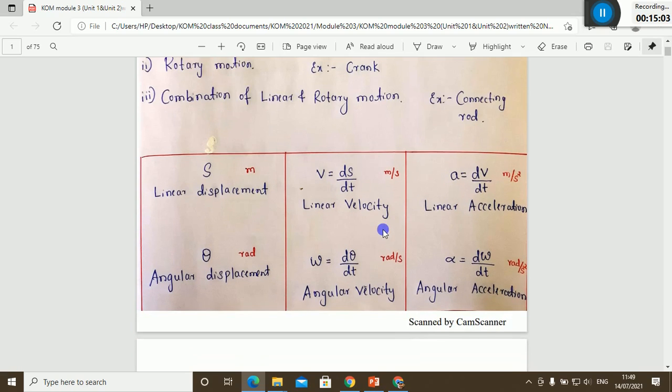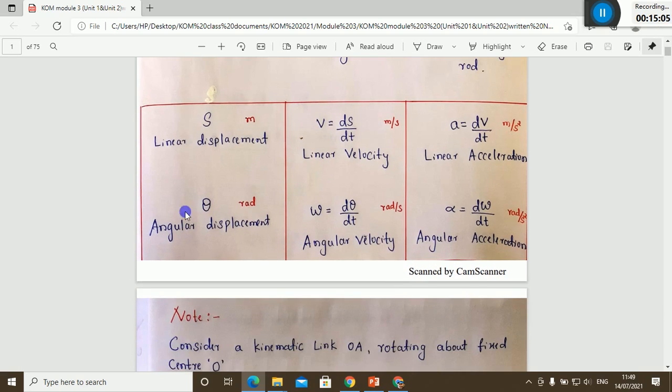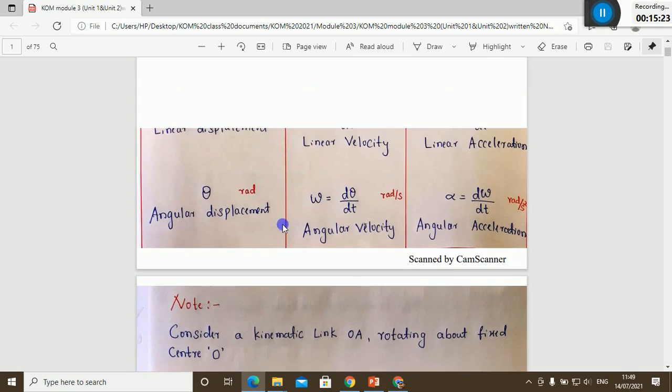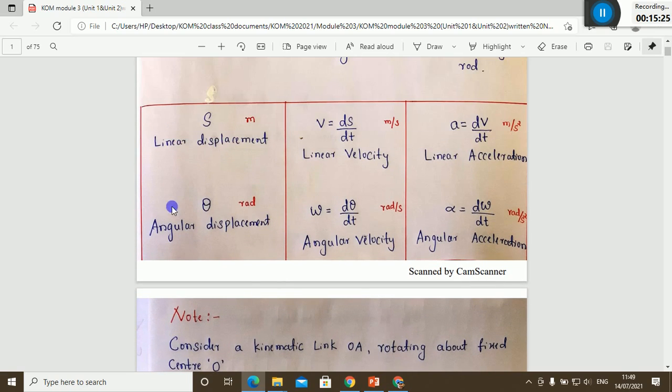In a similar manner, when the object is rotating, you can consider OA as a kinematic link. Okay, this is a single kinematic link. Point O is pivoted or fixed at this point, and it is free to rotate along 360 degrees. Correct? So whenever you have a rotary type of motion, this comes into the picture, that is angular displacement.